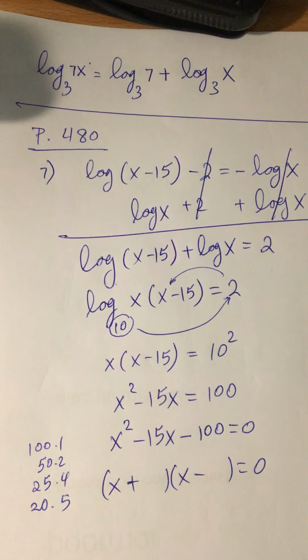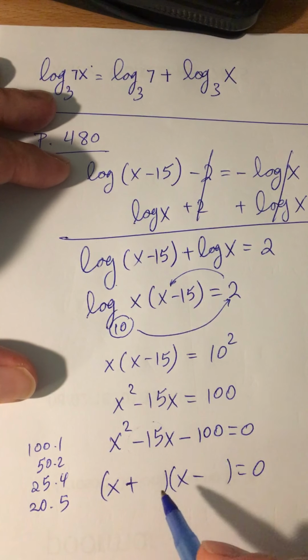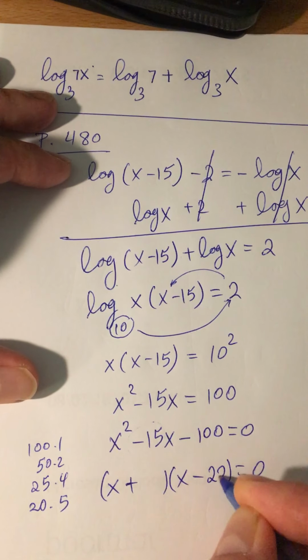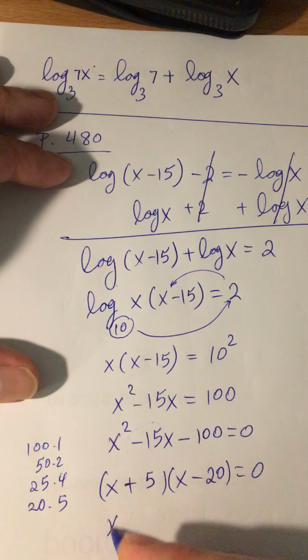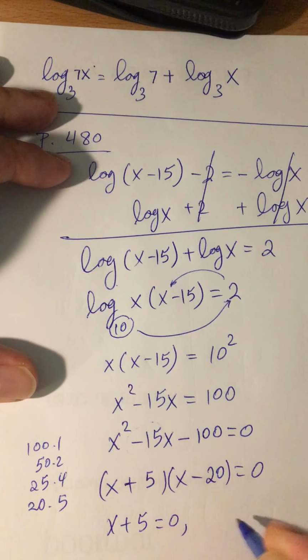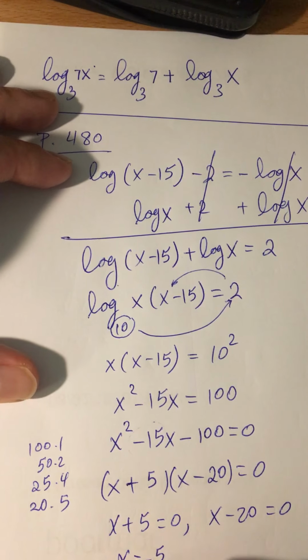Which one can give me 15? 20 times 5. Which one should be negative? I want a negative 15, so the larger factor has to be negative. Then what do we do? The zero product property. So x plus 5 equals 0, x minus 20 equals 0, so x equals negative 5, x equals 20.